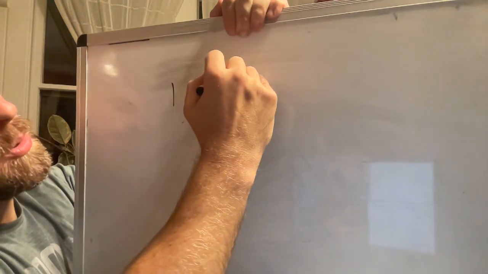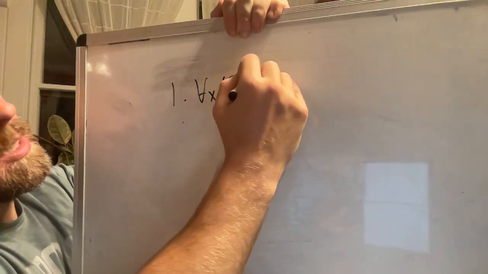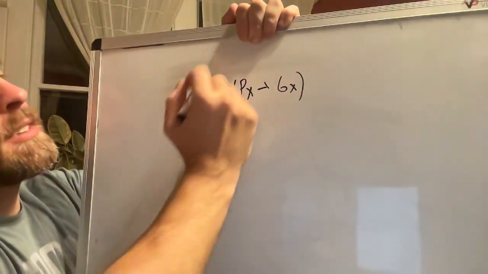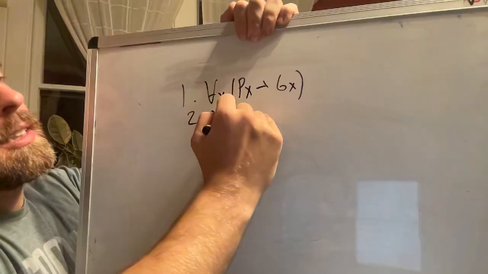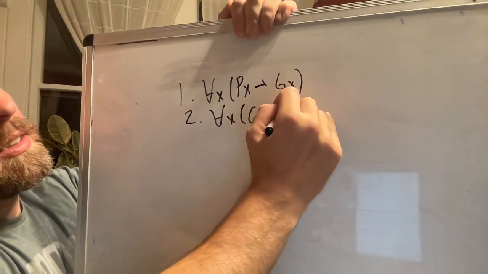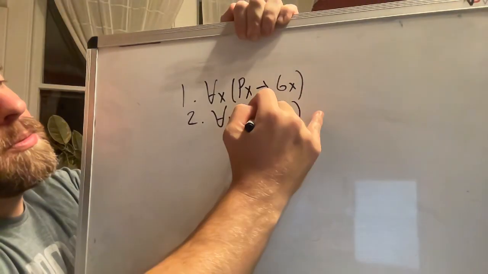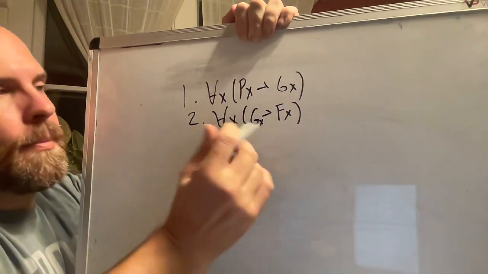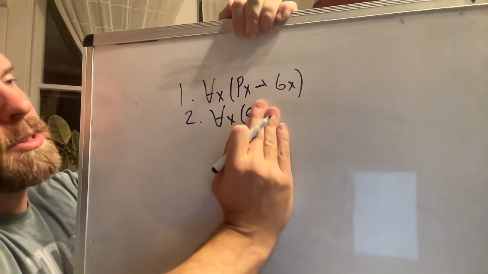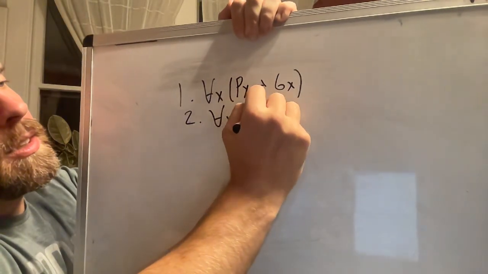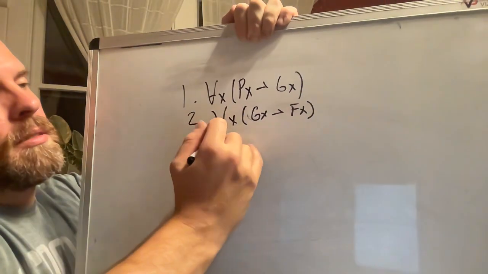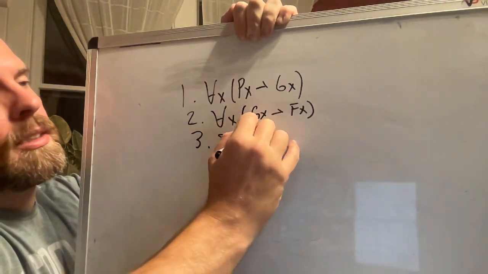Let me show you. If I have something of this form: for anything that's Px then Gx, for anything that's Gx then Fx, it should follow from that, and we'll demonstrate that it does.